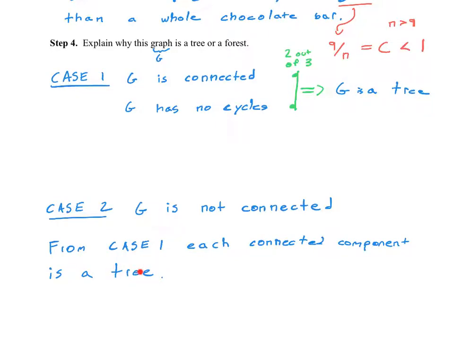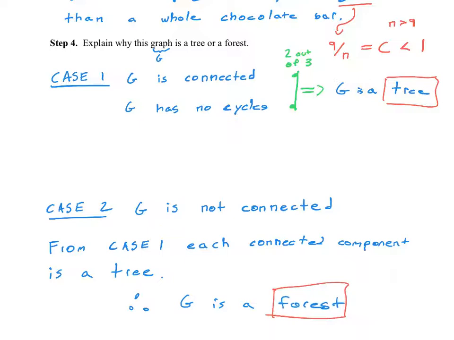And that's exactly what makes a forest. So therefore, G is a forest. So either we get G as a tree, or we get G as a forest.